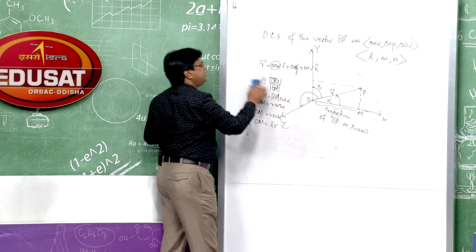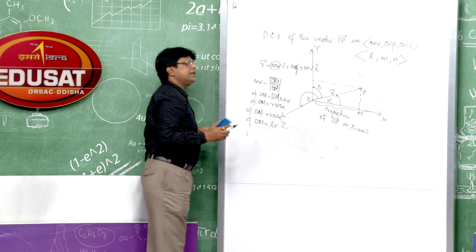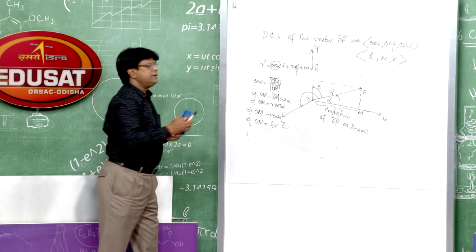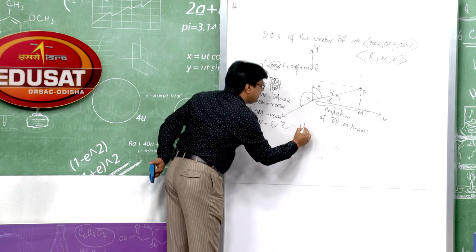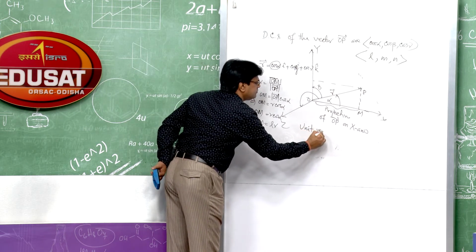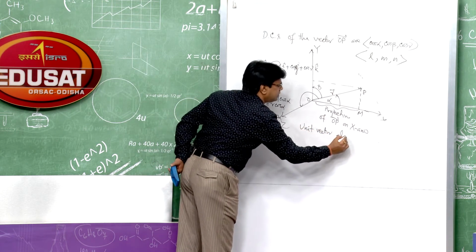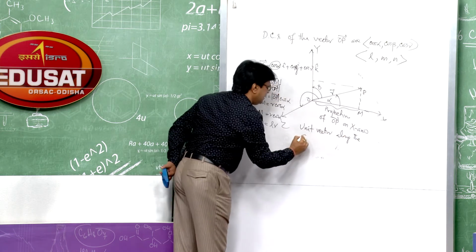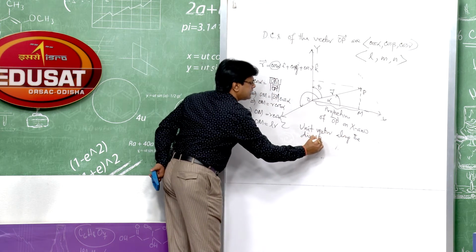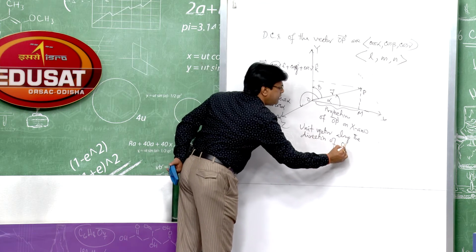Suppose we find the unit vector along the direction of the R vector, along the direction of the OP vector.